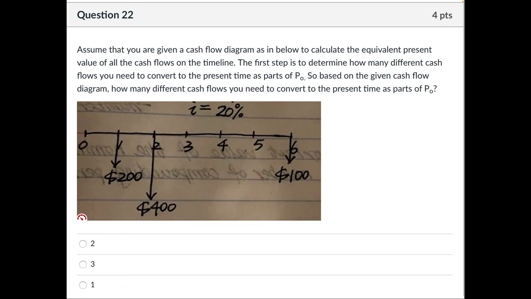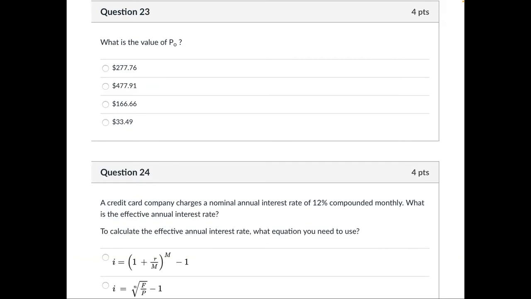In this cash flow diagram, you have 3 different cash flows, so you need 3 parts for calculating P0. So part 1, part 2, part 3. For the first question, how many parts do you have for P0? 3. And what is the value of P0?